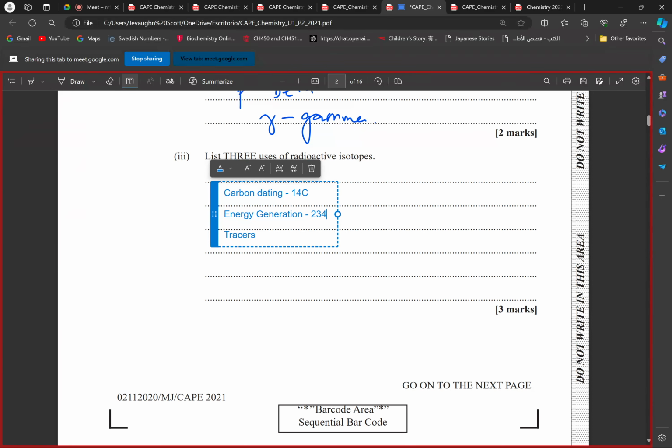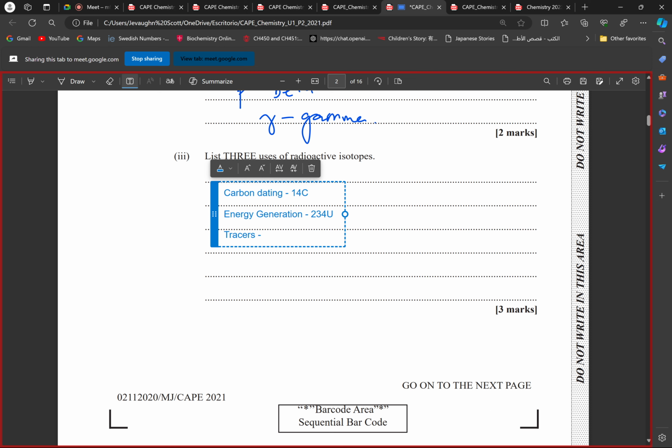You can't just put tracers or stuff like that. You would explain it. So you can use the chain reactions, right?